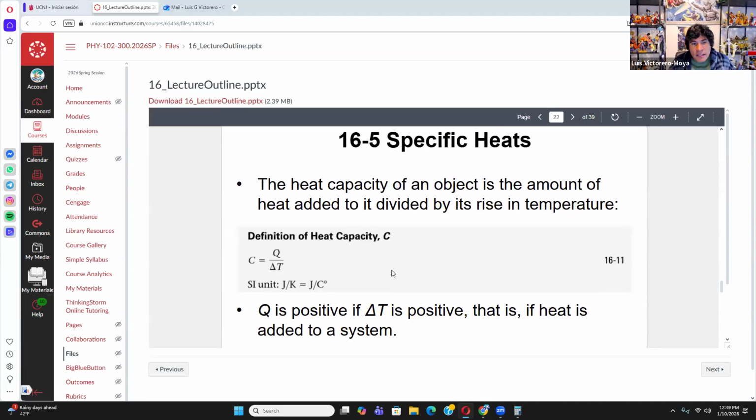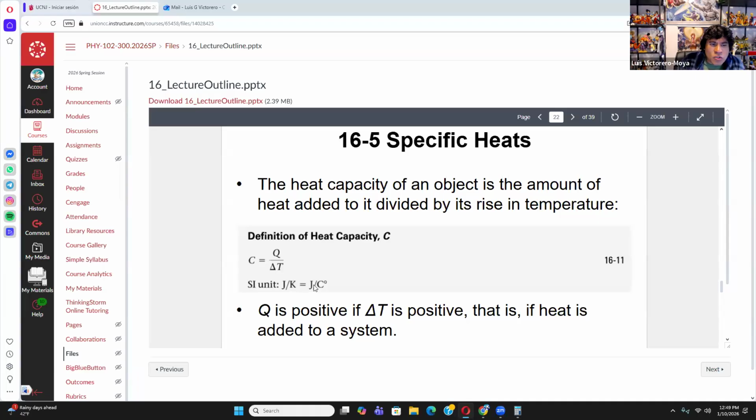The specific heat capacity, or let's start with the heat capacity, is the amount of heat divided by the change in temperature, Q divided by delta T. And again, this change in temperature is normally measured in kelvins. It can also be measured in Celsius. But at the end of the day, when you take the difference, you are canceling the conversion factors, right?